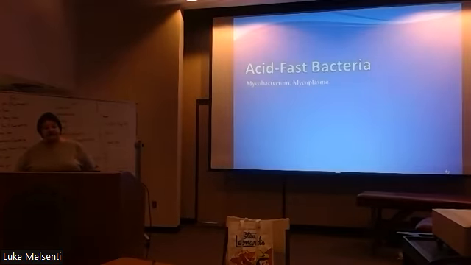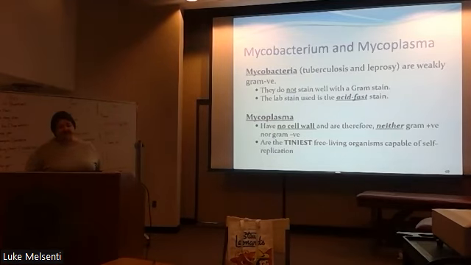Okay, let's talk about the acid-fast bacteria, and then we'll take another 5 minutes. Mycobacterium and mycoplasma. Mycobacteria: tuberculosis and leprosy. Are you going to see people that are lepers? Probably not. They're weakly gram-negative. This is just a little laboratory fact here.